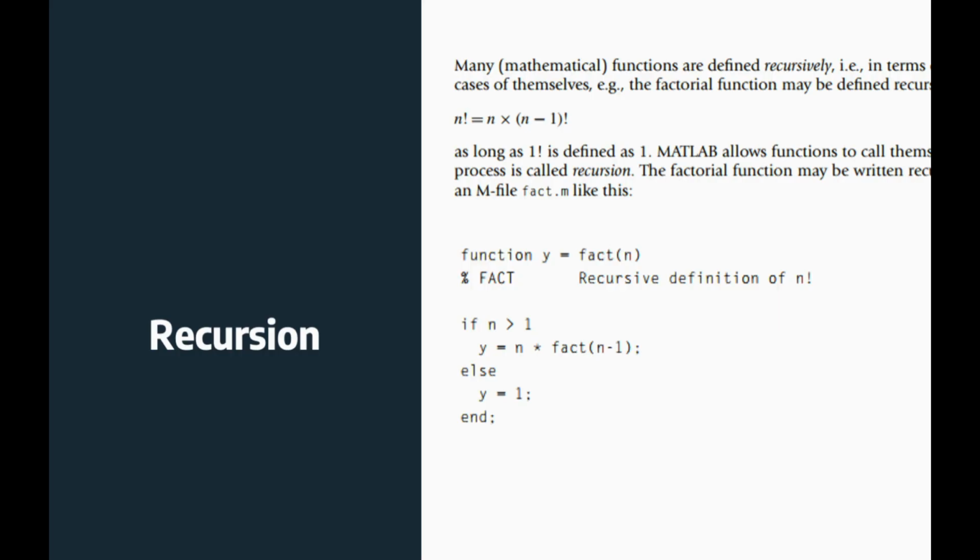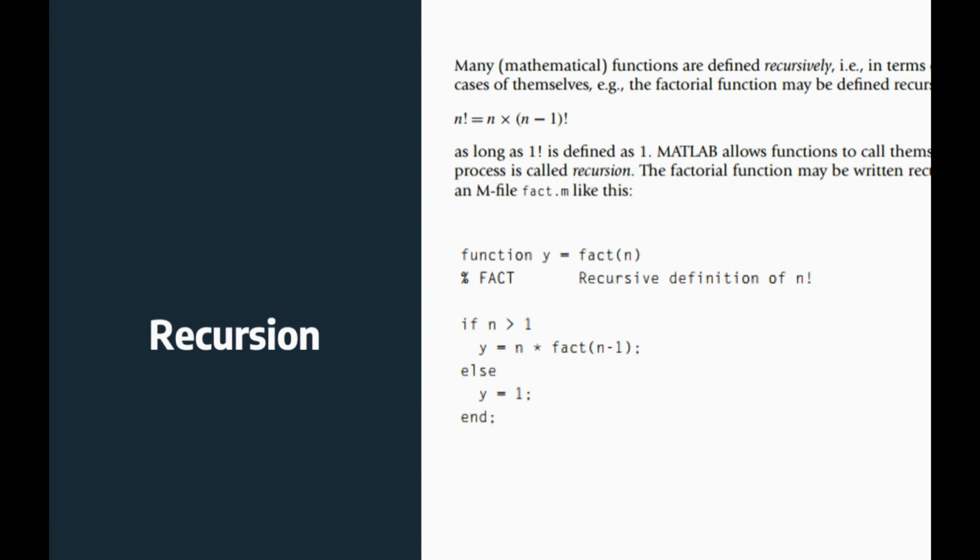Now there's something called recursion. Some mathematical functions are defined recursively, which means in terms of simpler cases of themselves. What does that mean? If we have the factorial function in MATLAB, we know that 9 factorial is 9 by 8, by 7, by 6, by 5, by 4, by 3, by 2, by 1.